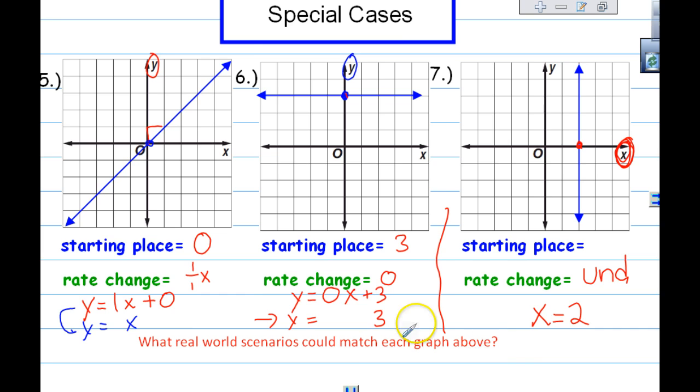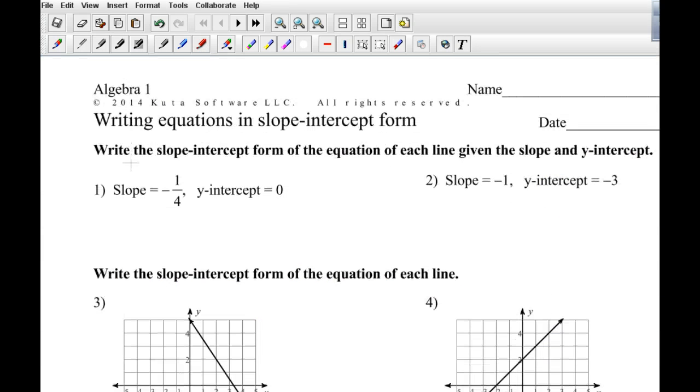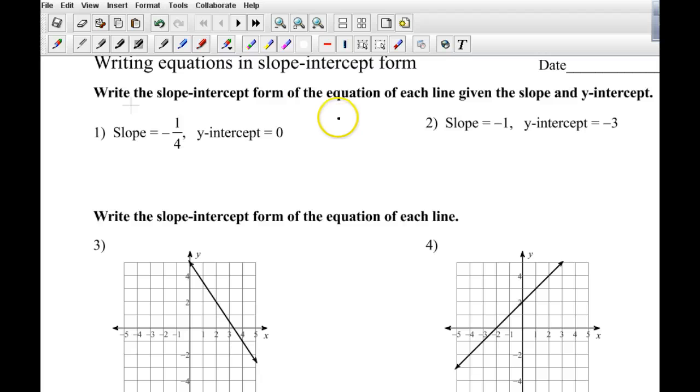Okay. Let's get your homework out and give you a look at it. Okay, from the beginning. Slope-intercept form. That's the y equals mx plus b. So the slope is always m, the y-intercept is always b.